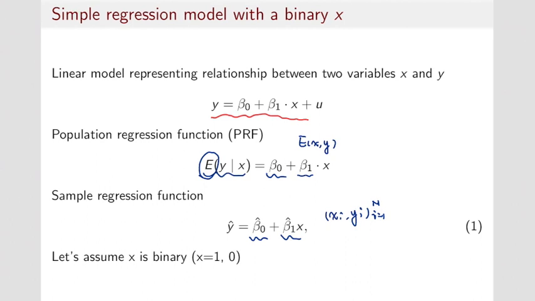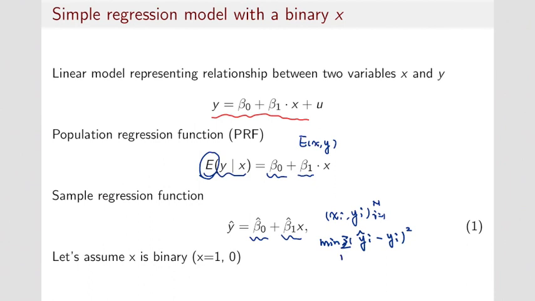Remember how we obtained the best beta 0 hat and beta 1 hat. We minimize the distance between the fitted value yi hat and the observation yi, and the distance is measured by the sum of squared residuals.